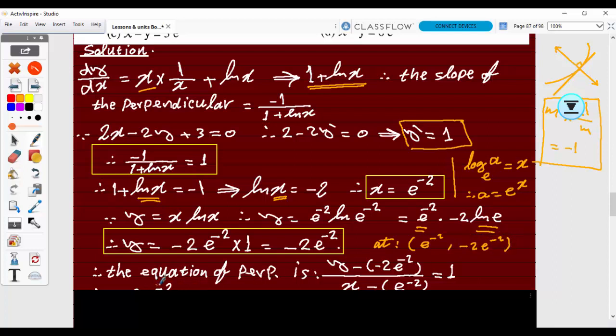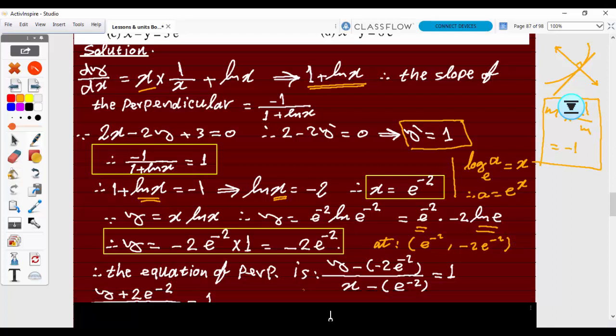The equation of the perpendicular is (y minus y1) over (x minus x1) equals 1. Here y1 equals -2 e power -2.